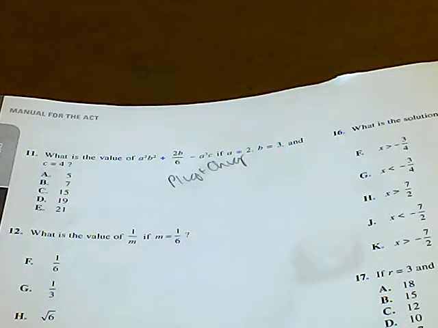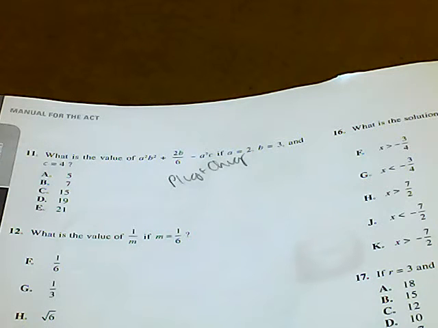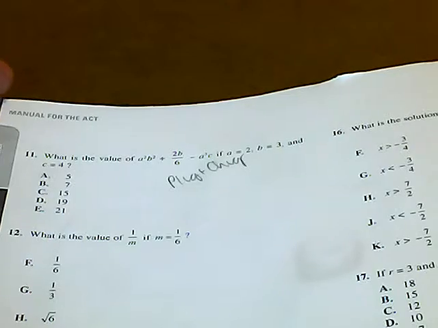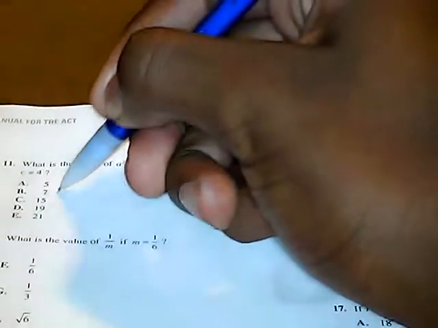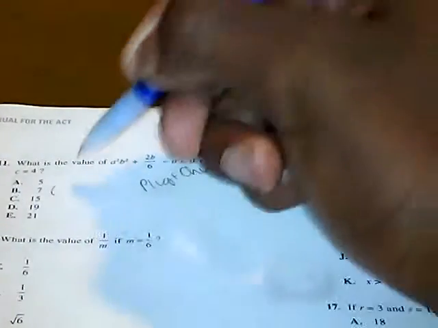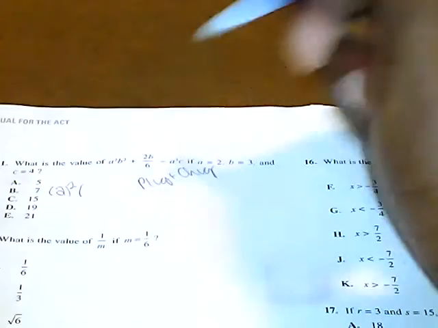You can go about this either through a calculator, or if you're confident enough with your math skills to the point where you don't need a calculator, you can solve it manually. I'm going to solve it manually because I don't have my calculator here with me right now. So let's do this. A squared. A equals 2, so 2 is going to be substituted for A, times B squared.